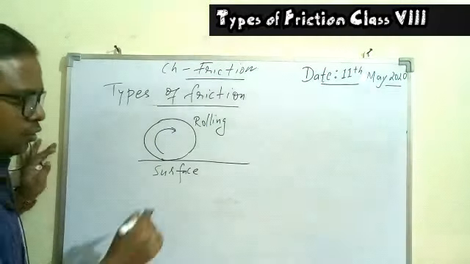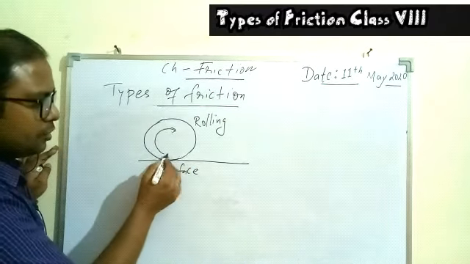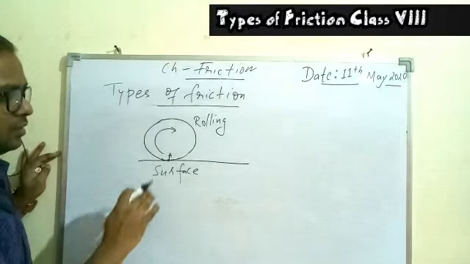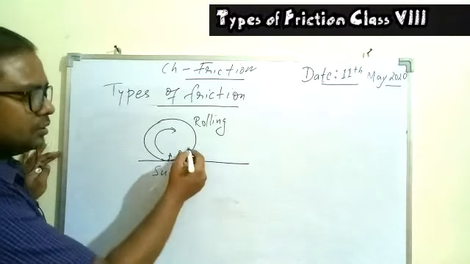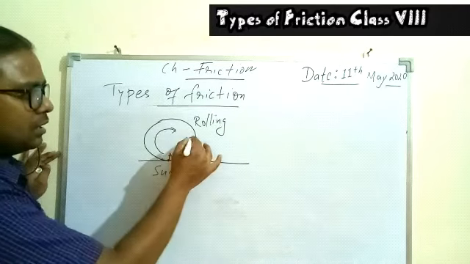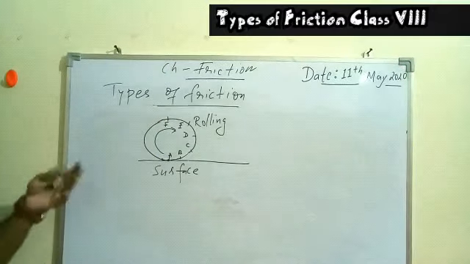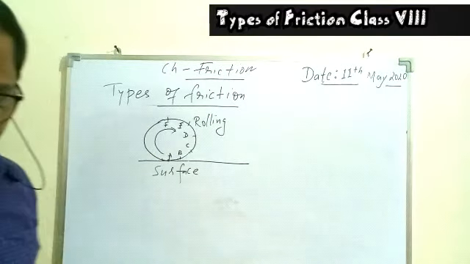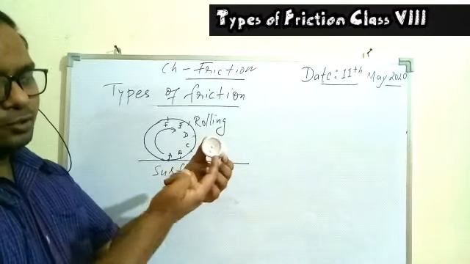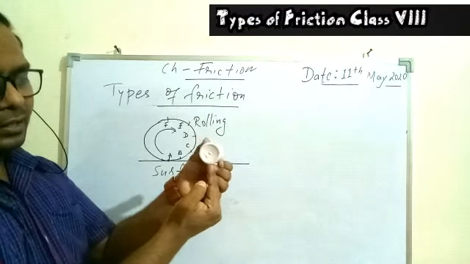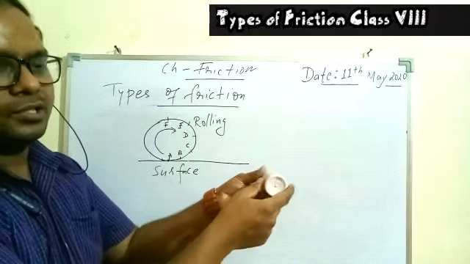When the object is rolling, every time it moves forward, for example this is in contact with point A, when it moves forward, point B will come in contact, then point C of the object will come in contact, then point D, point E. So there are infinite points which we can imagine on the rolling surface. The first point is in contact, then once it moves forward, the next point comes in contact, then third, then fourth, and there are infinite points.